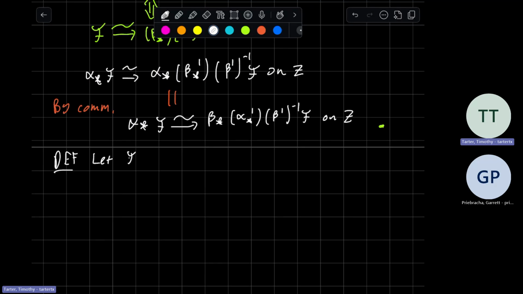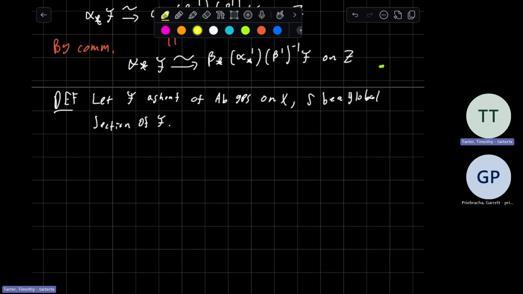Let F be a sheaf of abelian groups on X and s be a global section of F. The support of s is the set of all points in X such that the stalk at p is non-zero, so where s has a non-zero germ.